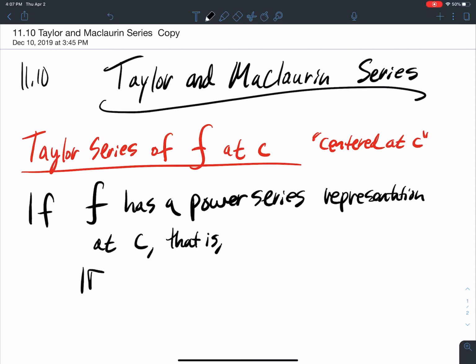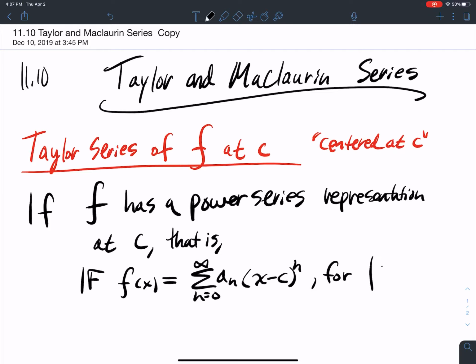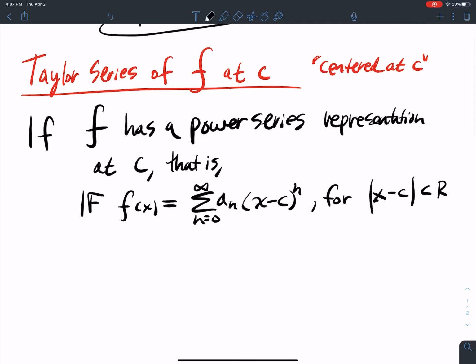if f of x is equal to the sum from n equals 0 to infinity of a sub n times (x minus c) to the n, for absolute value of x minus c less than the radius of convergence r, then what happens?